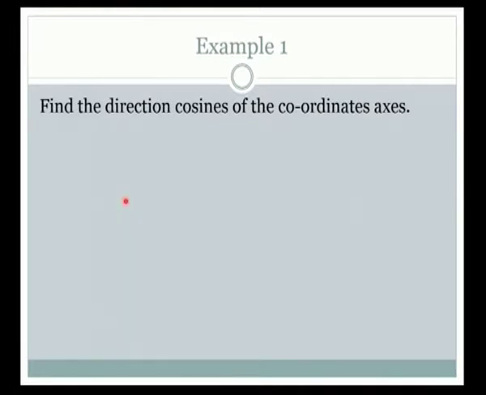Next, find the direction cosines of the coordinate axis. By this example, we will learn how to calculate the direction cosines of a line. In this example, we are asked to calculate the direction cosines of the coordinate axis itself. Solution to this problem will be like this.